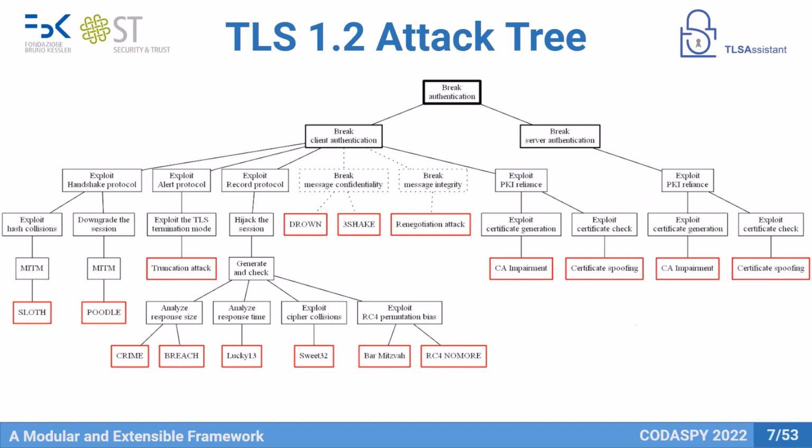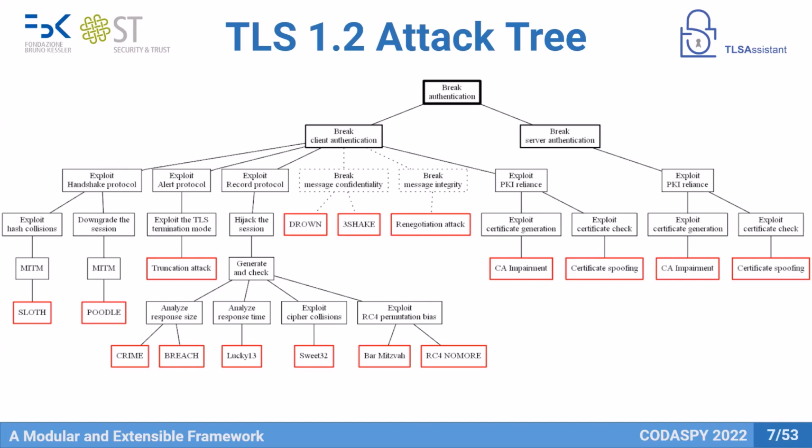But at the moment, given that TLS 1.2 is the most common, this can happen. As you can see, the attack tree shows on the top level, the root, the security property we want to break. The nodes in between show the technology or the path. And the red squares, the leaves, are actual attacks. Each one of them has been discussed in a paper and probably has a proof of concept either on GitHub or that can be found online.